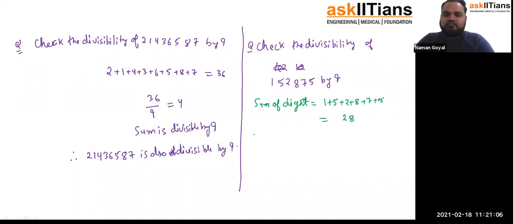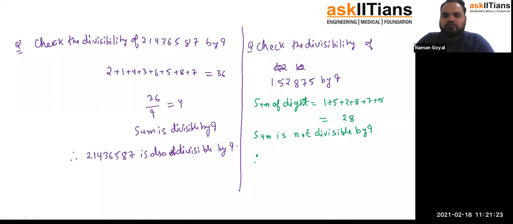So we can say that the sum is not divisible by 9.